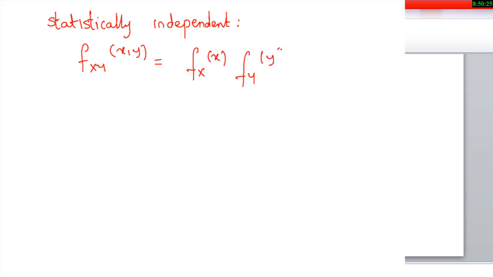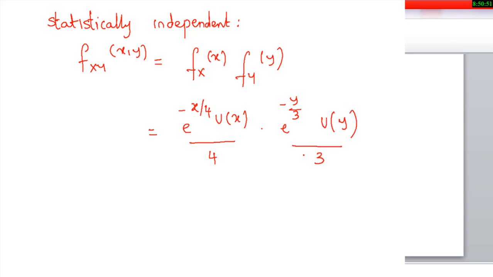We have already got f of x as e power minus x by 4 u of x by 4, whereas we have got f of y as e power minus y by 3 u of y by 3.